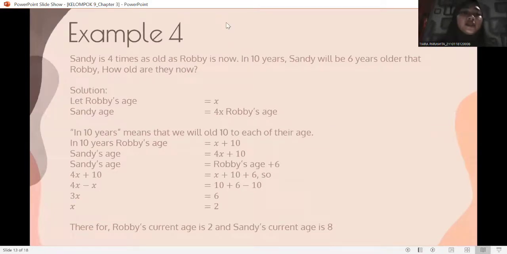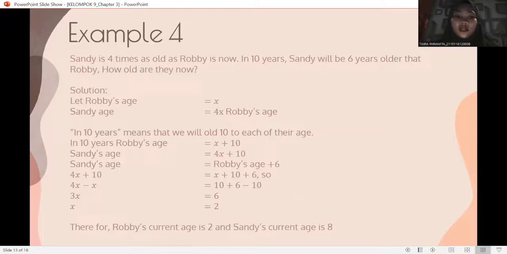Okay, the next example is example 4. Sandy is 4 times as old as Robbie is now. In 10 years, Sandy will be 6 years older than Robbie. How old are they now?